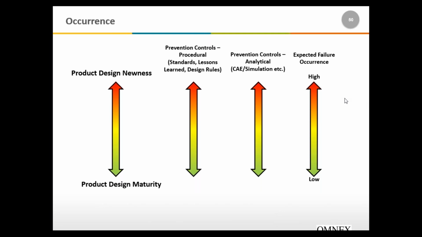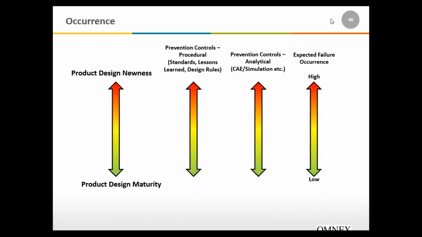One is for the user to set up their own, which would be the expected occurrence, and then they do have two columns dealing with the experience based upon preventive controls. So they spell those out a little bit more deterministically than in the fourth edition.